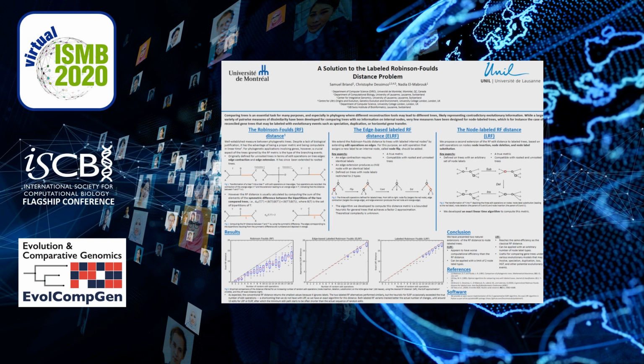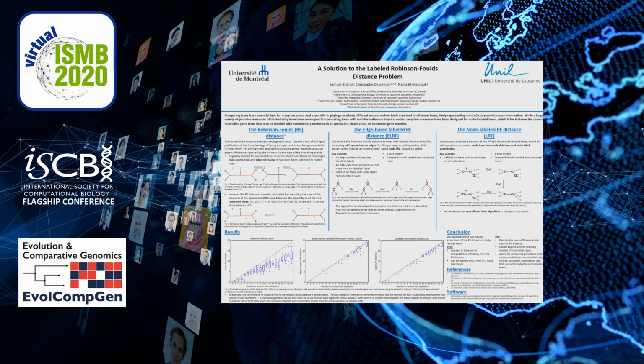In Figure 5, for RF, LRF, and ELRF, respectively, we provide the distance as a function of the number of random edits. As expected, the conventional RF distance returns the smallest values because it ignores labels. The two labeled RF alternatives performed similarly, but the heuristic for ELRF occasionally exceeded the true number of edit operations, a shortcoming that we do not have with LRF, as we have an exact algorithm for this distance.